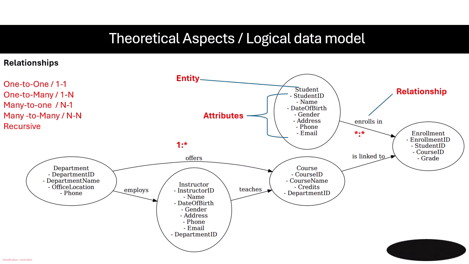A student can only have one ID card, so you have another ID card entity, which will be one-to-one with the student entity. And one-to-many, which means one department can offer many courses. For example, a computer science department can offer many courses like DBMS, operating systems, AI, etc.